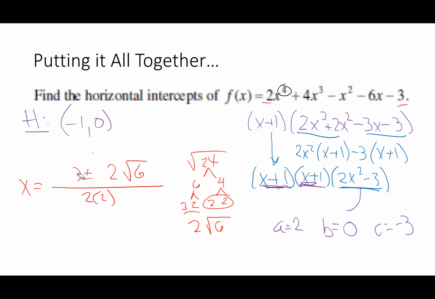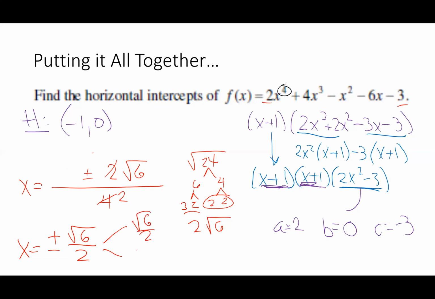So I can just honestly ignore that. So I get plus or minus, and then 2 times 2 is obviously 4. So the 2 cancels, that reduces this to a 2. So now I get x is equal to plus or minus the square root of 6 over 2. And these are my other two zeros.